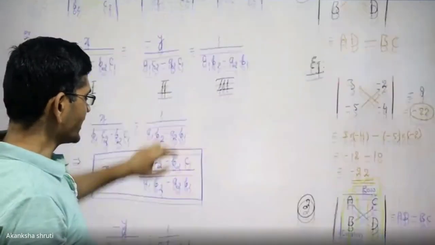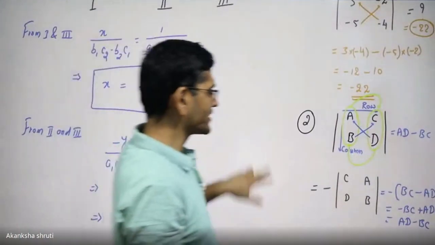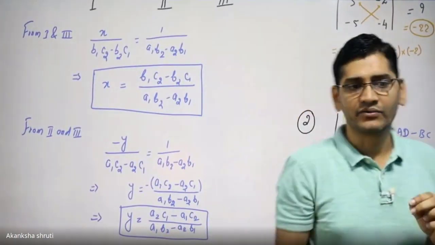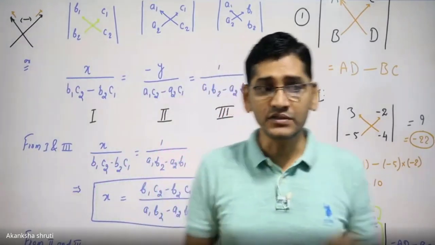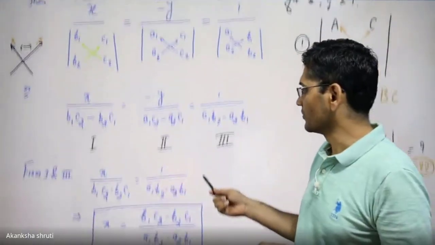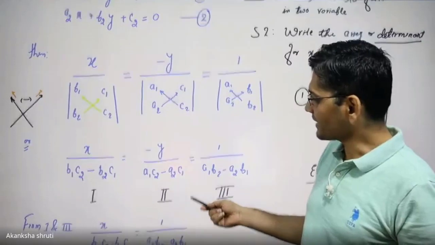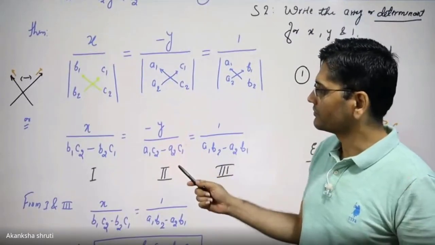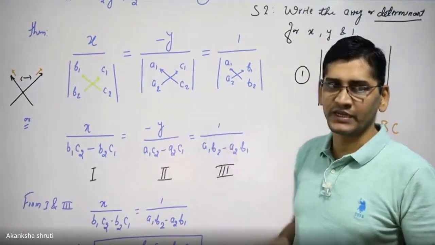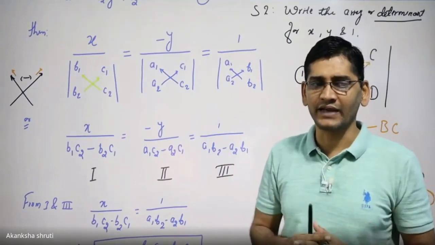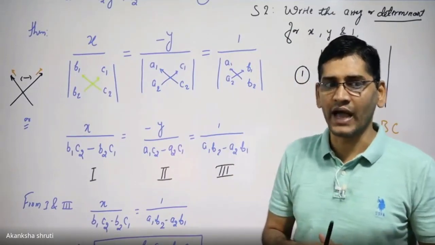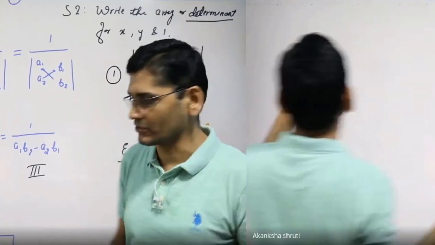So that's why it is called the cross multiplication form or the array form. This is the simplest and the very basic method of cross multiplication. But different books write it in different ways and that creates a lot of confusion. I am going to explain all those things also.